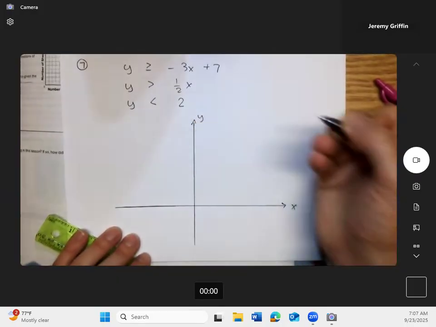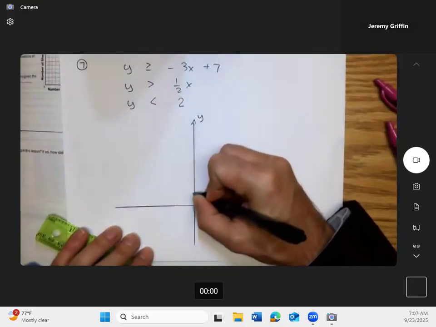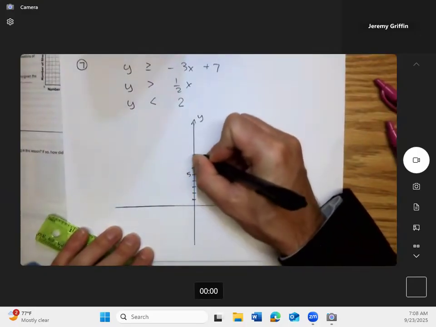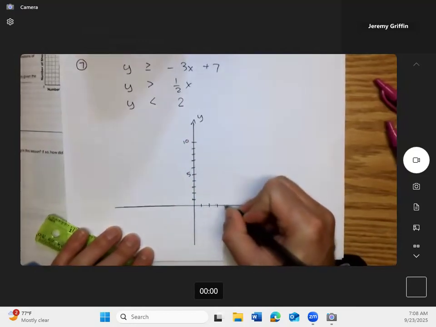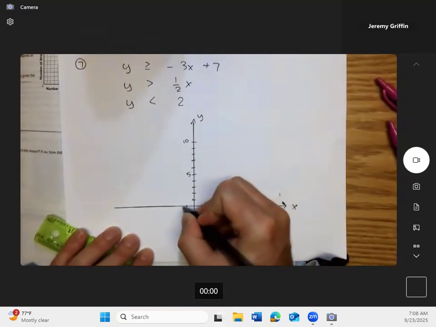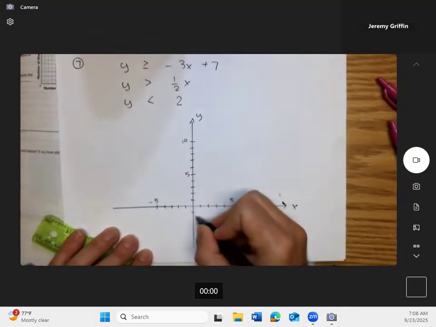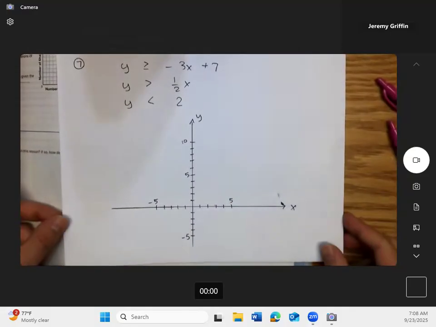X, Y. Let's go about 1, 2, 3, 4, 5, 6, 7, 8, 9, 10. Okay, 1, 2, 3, 4, 5. 1, 2, 3, 4, 5. And a negative 1, 2, 3, 4, 5. Okay. And let's see what this does for us.